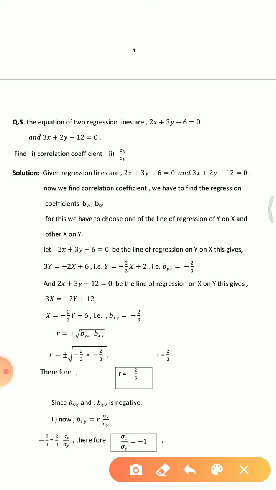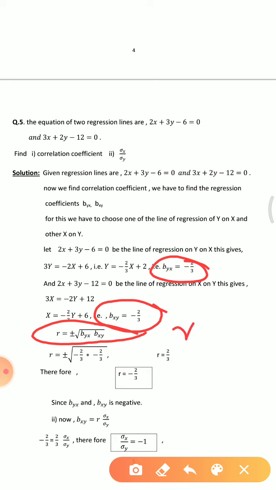After that, we have to find the value of r, the correlation coefficient. That is r = ± the square root of b_yx times b_xy. Substituting, both have the value -2/3. The minus signs give plus, 2 times 2 is 4, 3 times 3 is 9, so the value of r is 2/3.